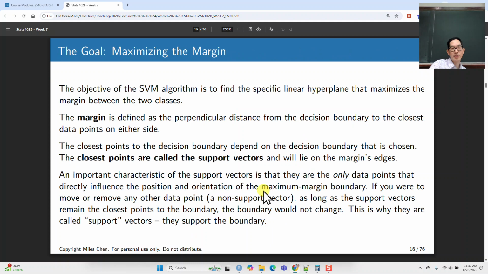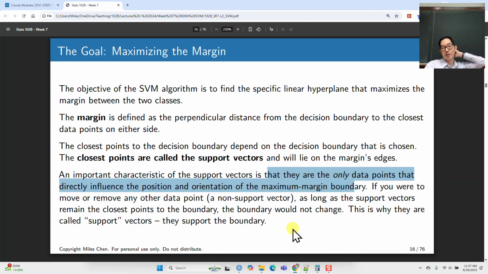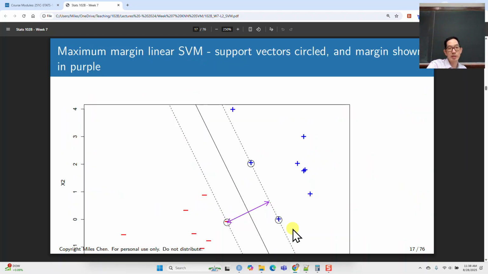Those are the only points that directly influence the position and orientation of the maximum margin boundary. If you were to move or remove any other data point, as long as the support vectors remain the closest points, the boundary will not change. That's why we call them the support vectors. They support that boundary.